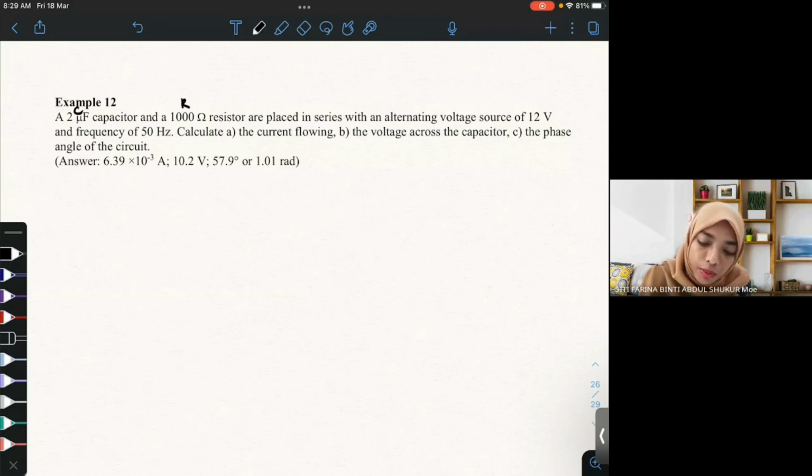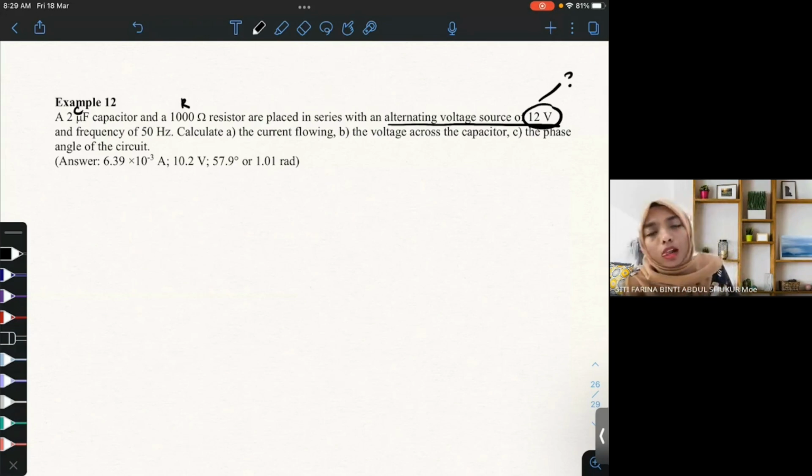Okay, so bila dia kata source kita adalah 12V, dia tengah cakap 12V ini refers kepada siapa? V apa ni? What V is that? Anyone?